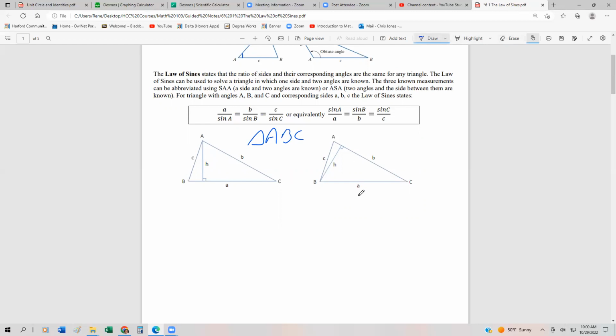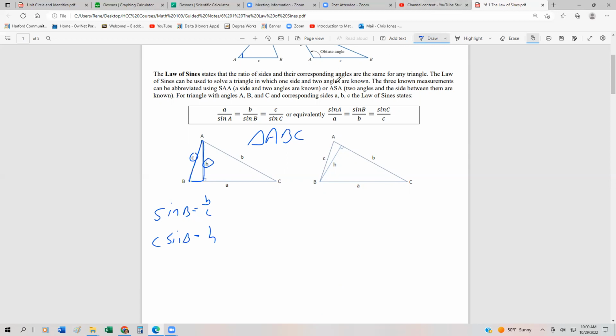Let's take a look at the first triangle and find the sine of B. The sine of B is equal to, remember, sine is opposite over hypotenuse, so that's H over C. Or if I multiply both sides by C, C sine of B is equal to H.